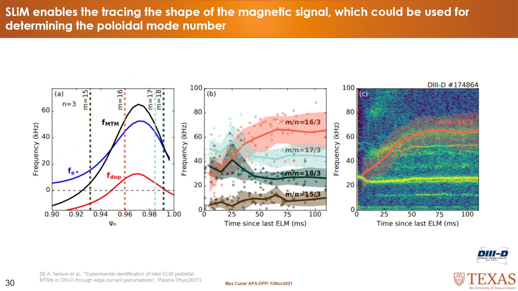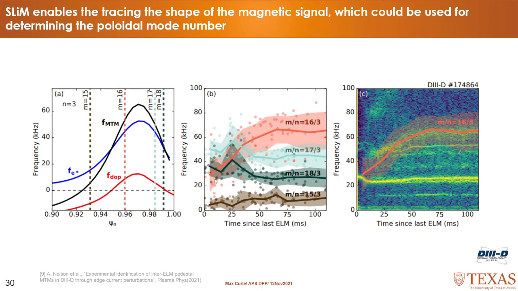We can use that idea to predict the poloidal mode number. Here is an example in the D3D discharge. On the left-hand side, those are the rational surfaces with different poloidal mode numbers. You can get the frequency at that given time slice.